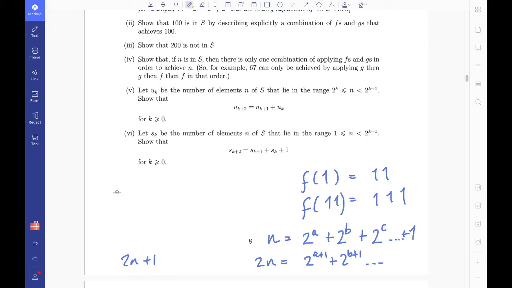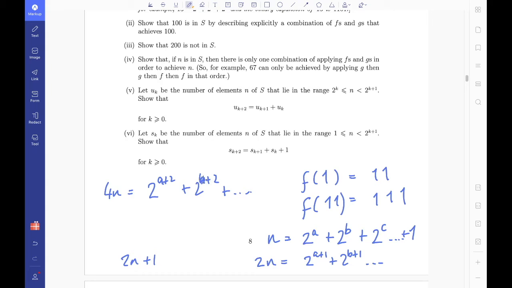What does g do, though? Let's consider what 4n would do. That would give you 2 to the a plus 2, plus 2 to the b plus 2, and so on. So this shifts all the digits over by 2, appending 0, 0 to the end of these numbers.